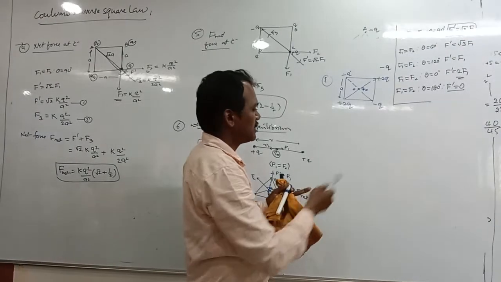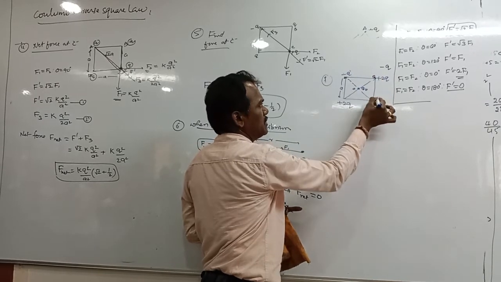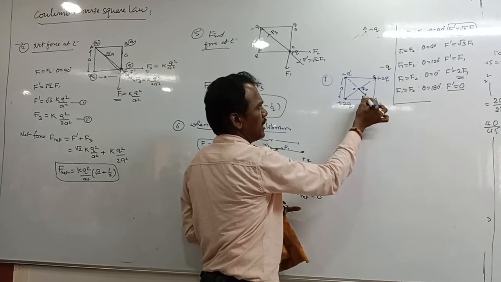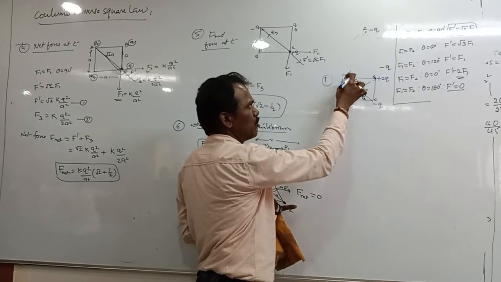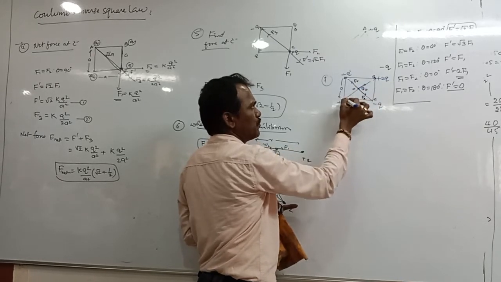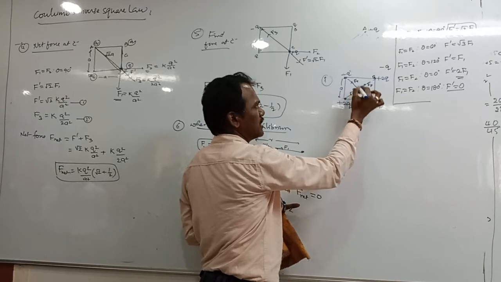Okay. Here same, due to A, B, C, D, the force due to FA is equal to FC, equal charge and equal distance. Here also this is repulsive force due to FD and FC.